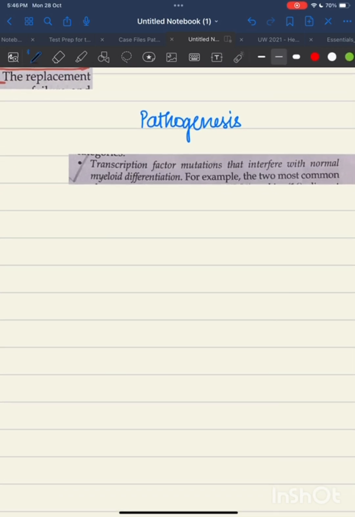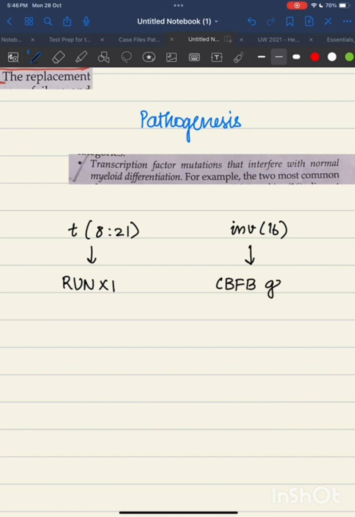First we'll discuss about this gene. t(8;21) has a gene called RUNX1, and another gene is there, inv(16). It carries a gene called CBFB gene.